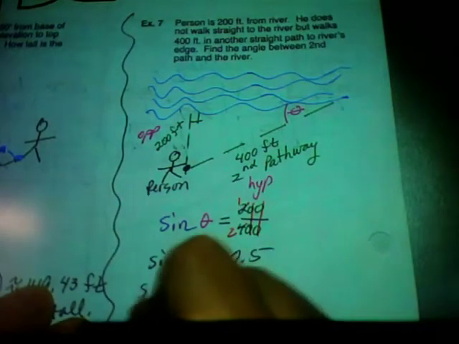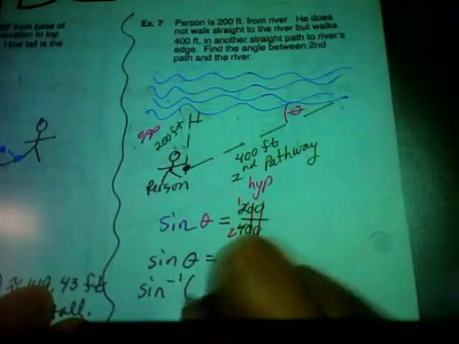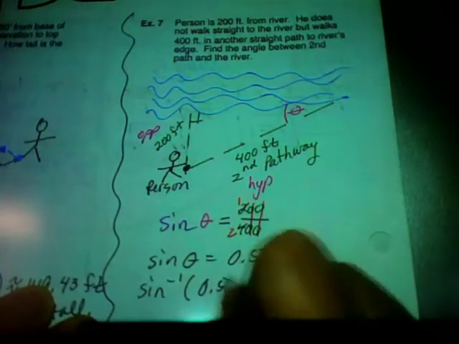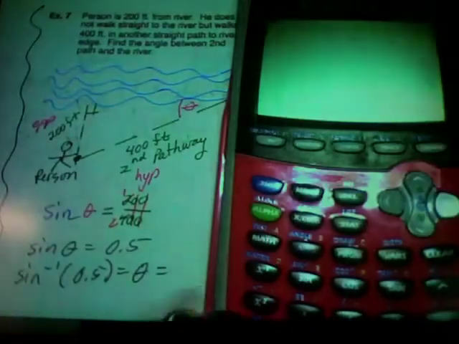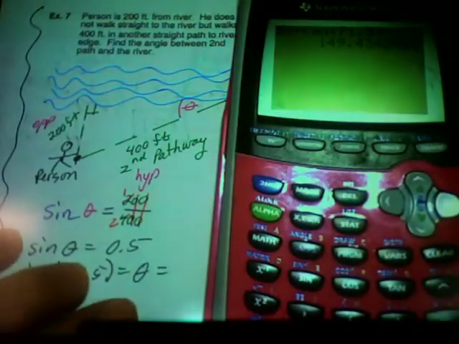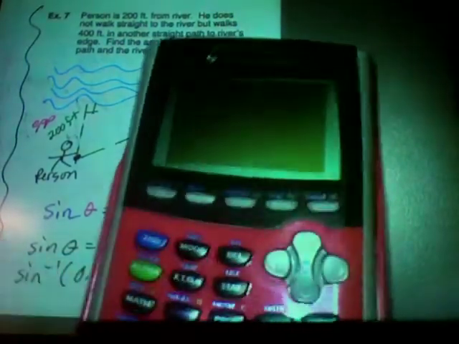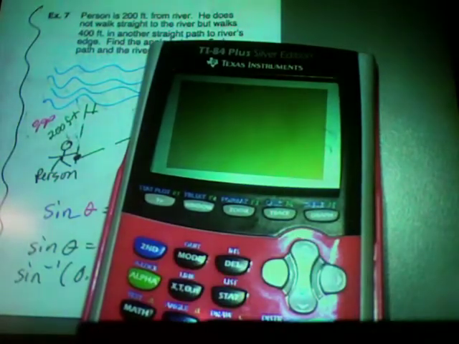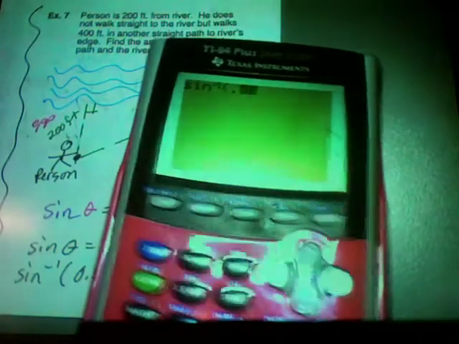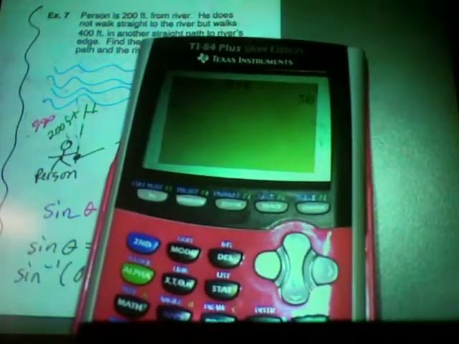And then you're going to do the inverse sine of 0.5 equals theta, which in this case, if you don't believe it, you've got the inverse sine of 0.5, or you could put in your fraction, is what?